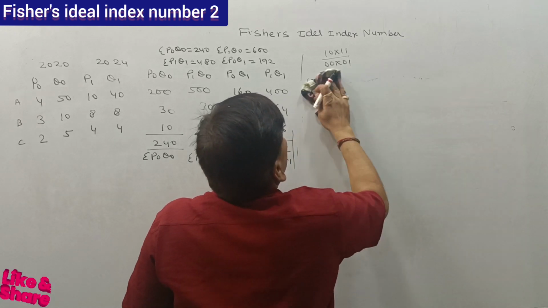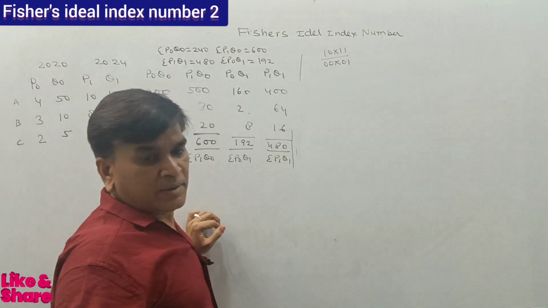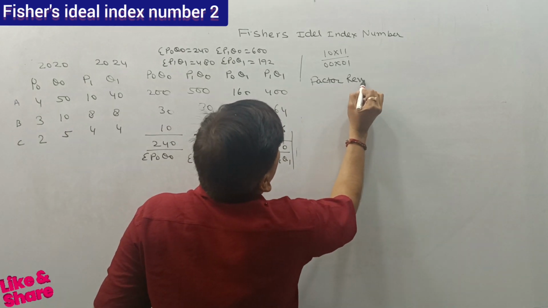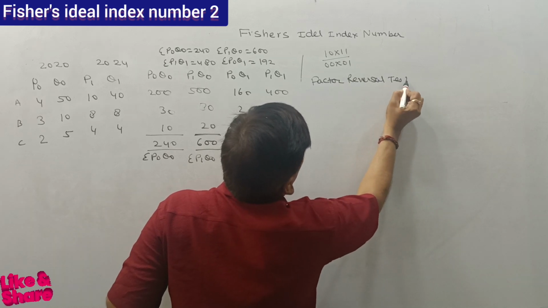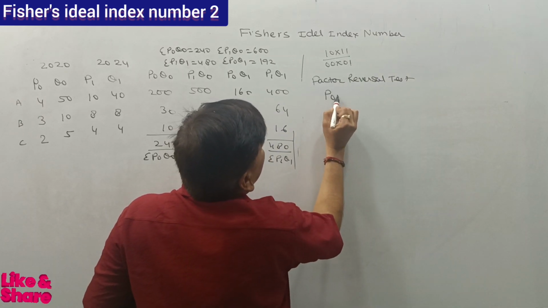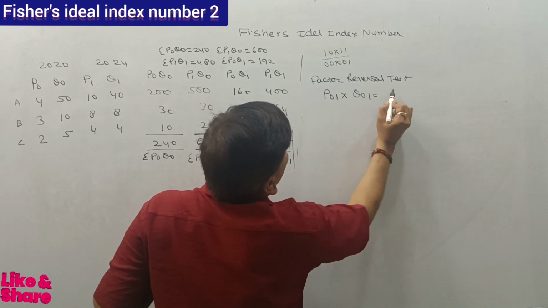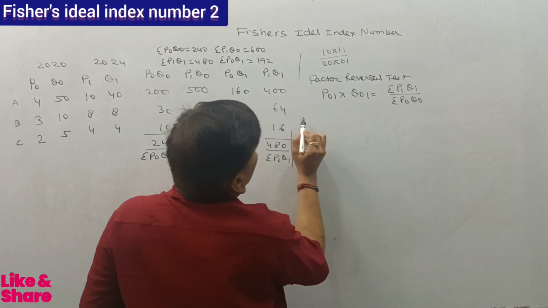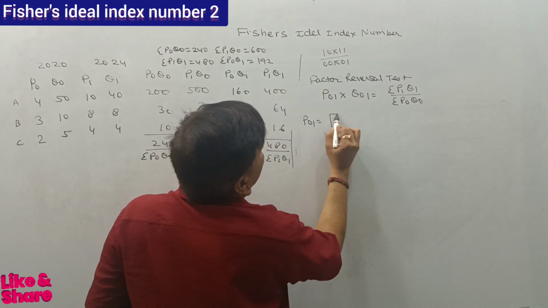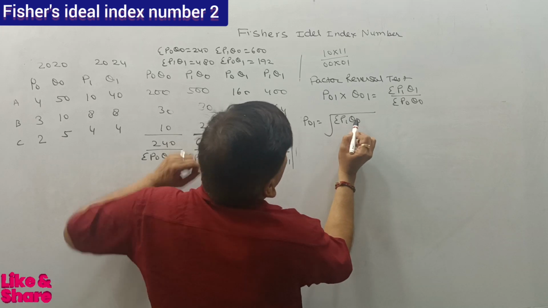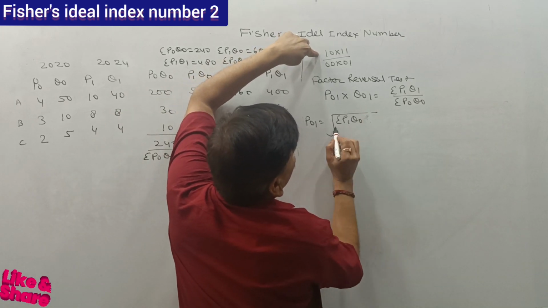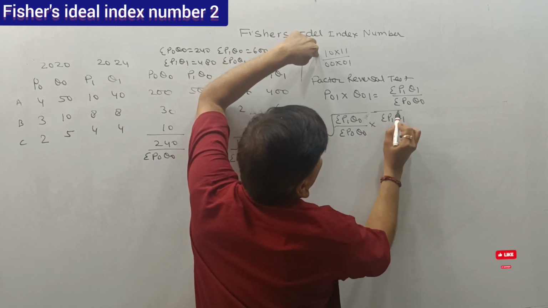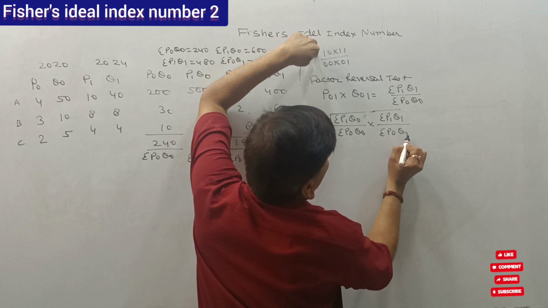Factor reversal test: the price index multiplied by the quantity index should be equal to sigma P1 Q1 divided by sigma P0 Q0. So P01 is sigma P1 Q0 divided by sigma P0 Q0, multiplied by sigma P1 Q1 divided by sigma P0 Q1.